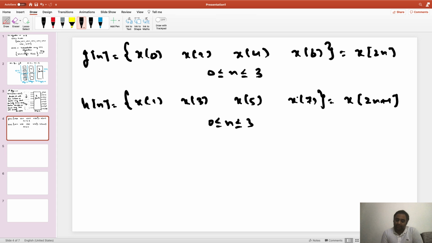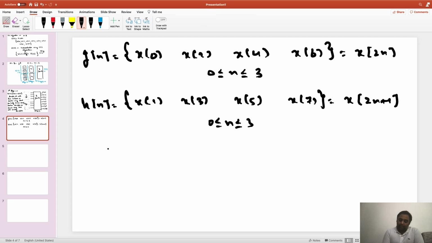If you put n equal to 0, you get x1; n equal to 1, you get x3; n equal to 2, you get x5; n equal to 3, you get x7. The length of these sequences individually is 4 units.